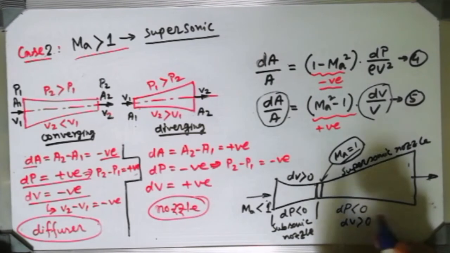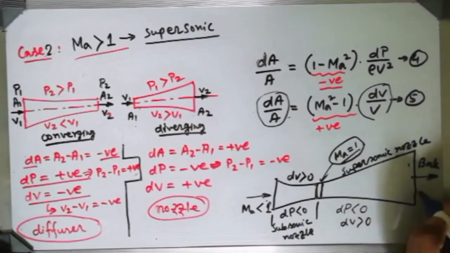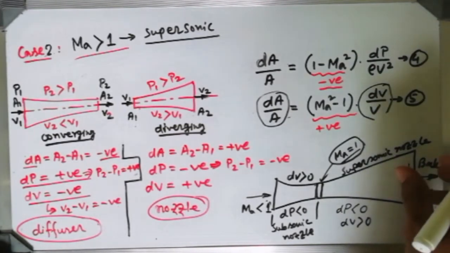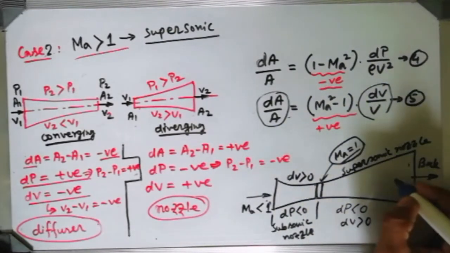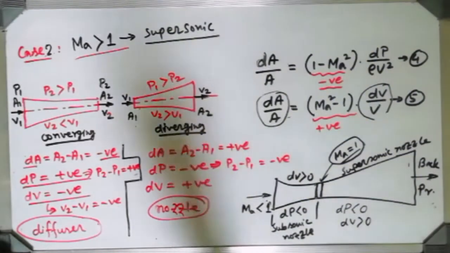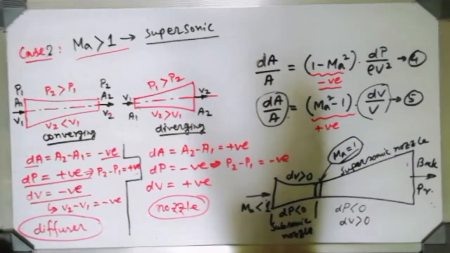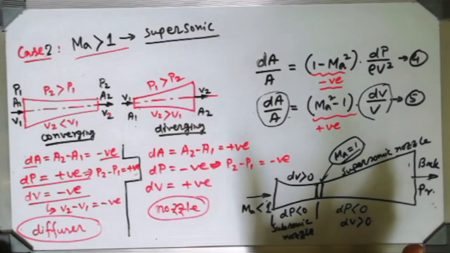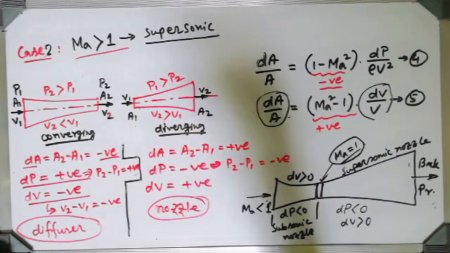And this exit pressure is known as back pressure. If you slowly decrease the back pressure, then the outgoing velocity will increase. In a steam turbine, this kind of nozzle is used, by which we can increase the velocity at the outlet by a huge amount.